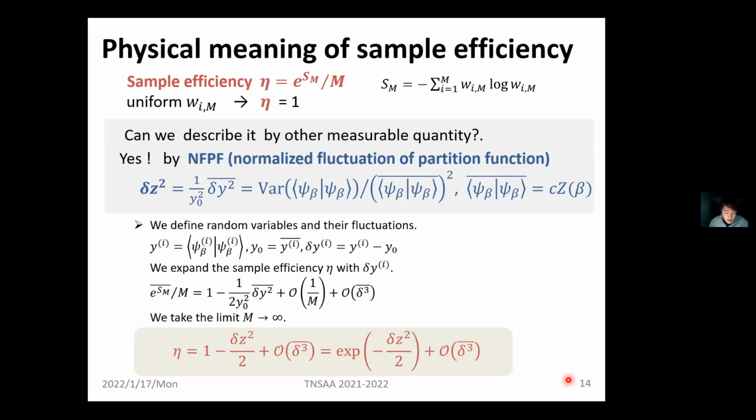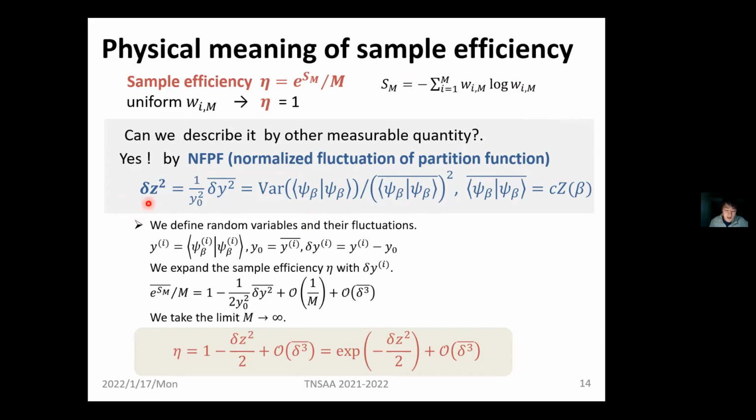Now we want to know the physical meaning of sample efficiency, which is exponential of S_M over M. S_M is the entropy of the weight distribution. We want to express this eta by another measurable quantity. For this purpose, we perform an analytical calculation. The quantity is named NFPF, normalized fluctuation of partition function, denoted as delta Z square.